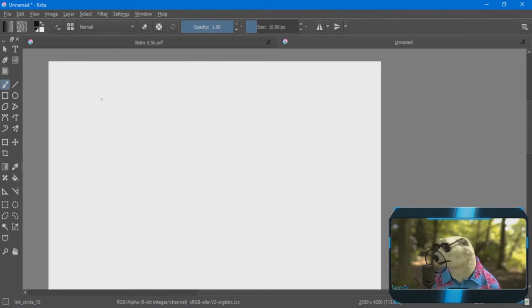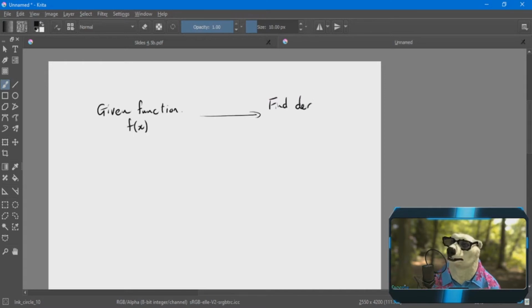So in the past, we have done the following. We were given a function, let's call it f of x. We then have to find the derivative.